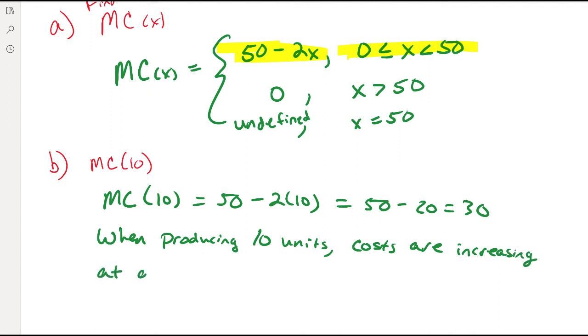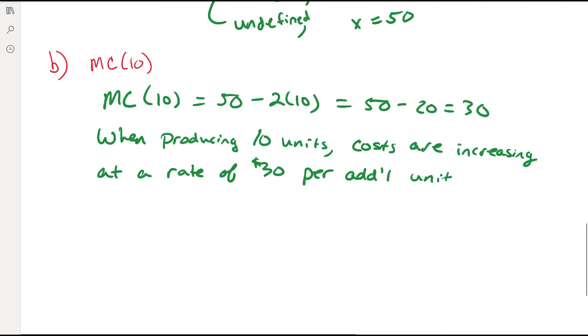And what's that rate? That rate is $30 per additional unit. Or we can say if we sell the 11th unit, we expect our cost to go up by approximately $30. All right, more stuff with this question, so I want you guys to be able to get to this homework efficiently.